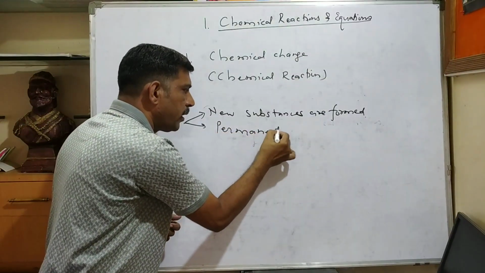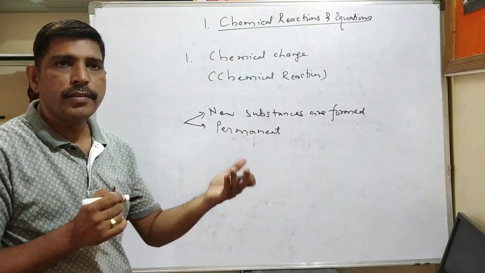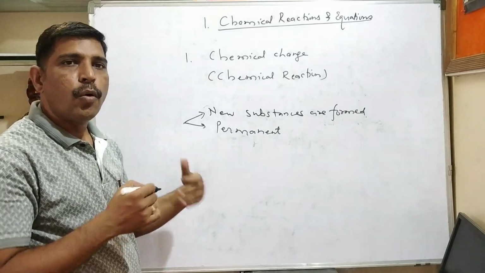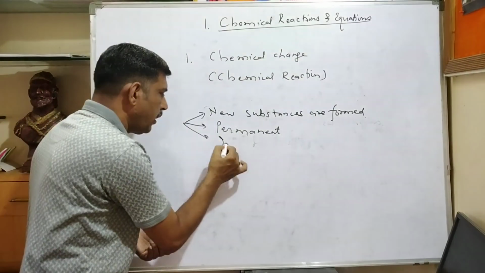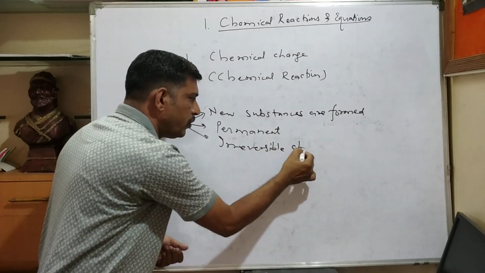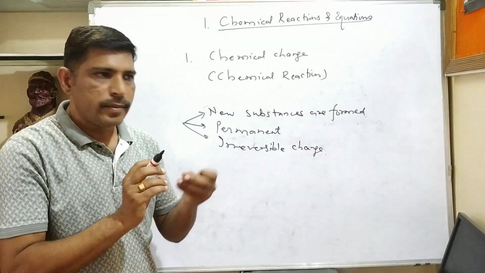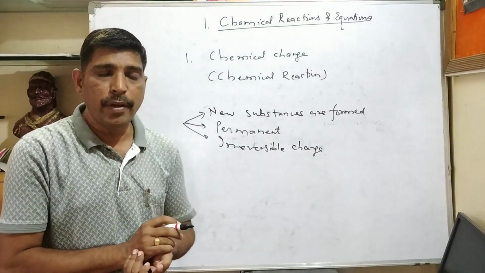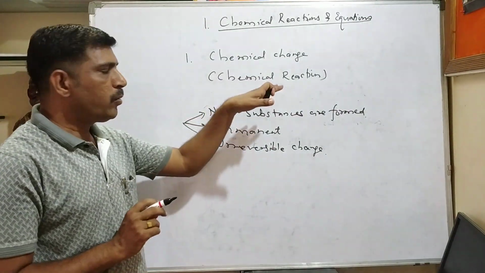And the new thing formed is not easily converted into the original substances. So this is generally an irreversible type of change. These are the changes we should know that are seen during a chemical change. So that chemical change is also known as chemical reaction.